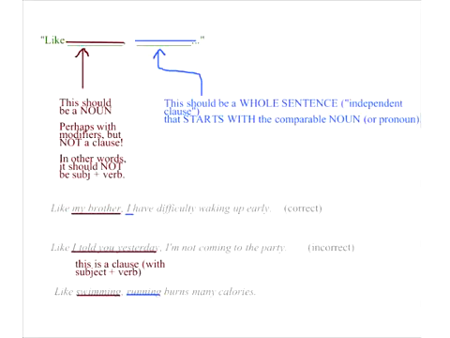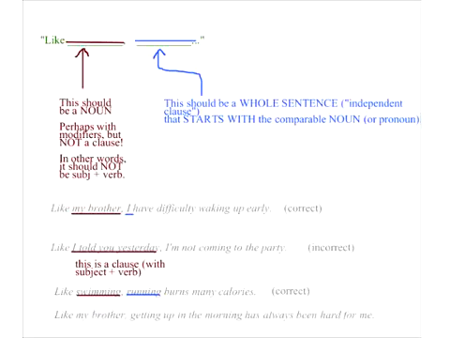The other kind of incorrect like sentence would be, oh yeah, if there's modifiers in there, then that's a different story. So we'll get there. If you say like my brother, getting up in the morning has always been hard for me.